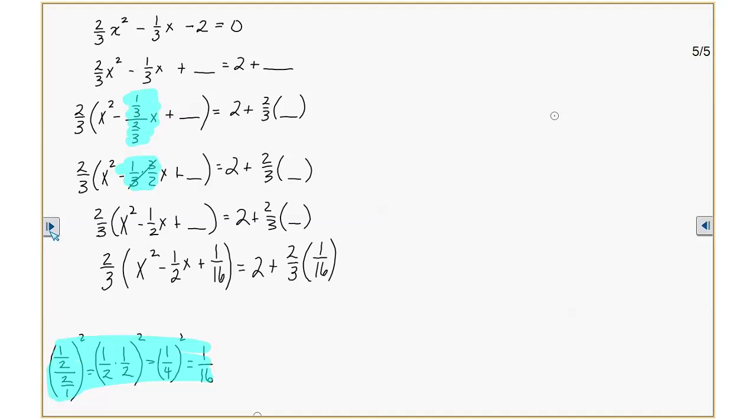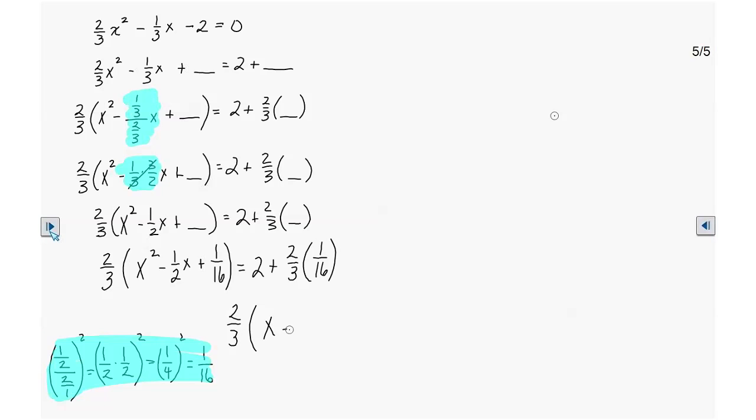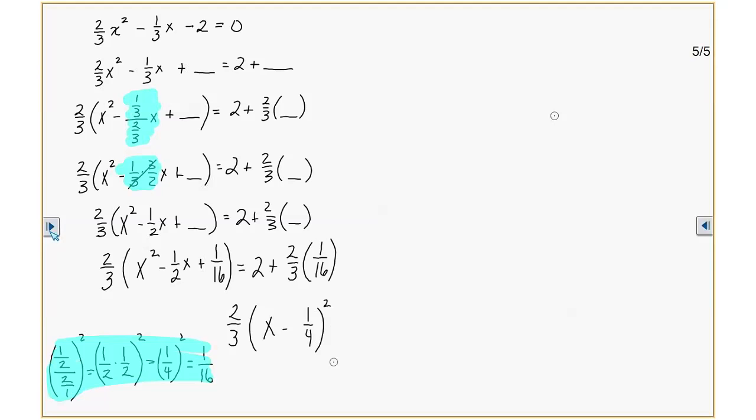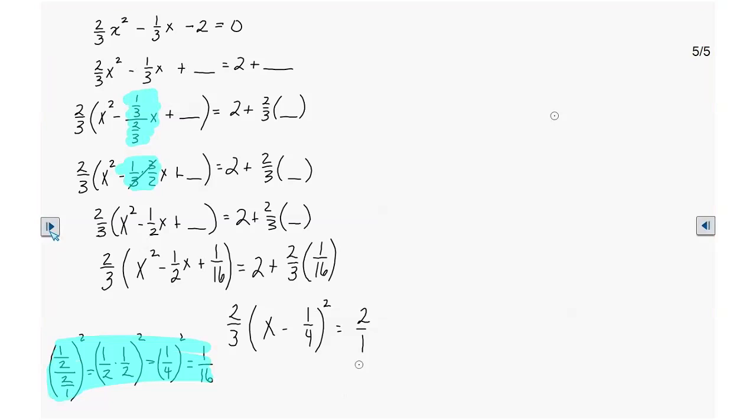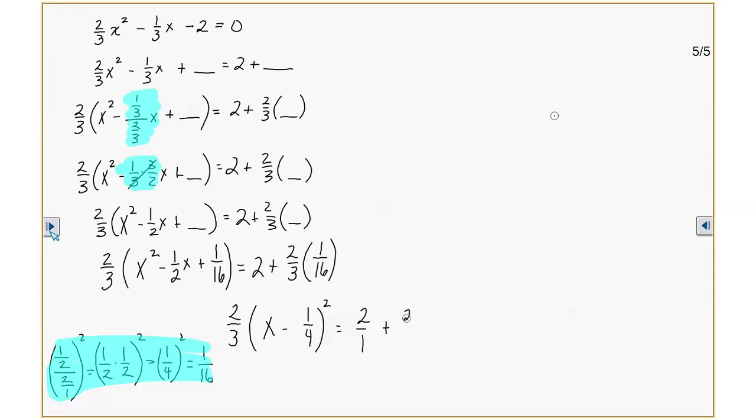And that's going to give you 2/3 times x minus 1/4 quantity squared equals 2/1 plus 2/3 times 1/16.